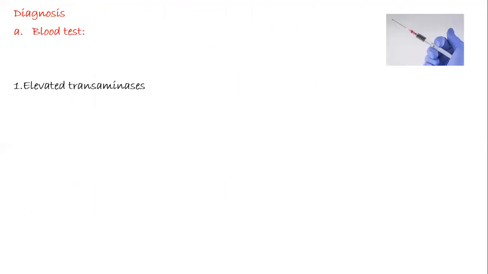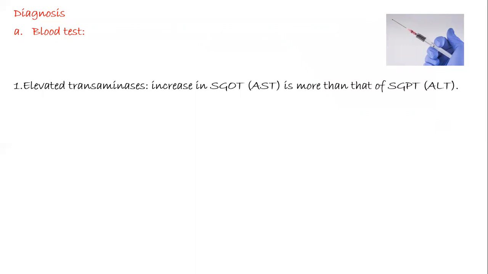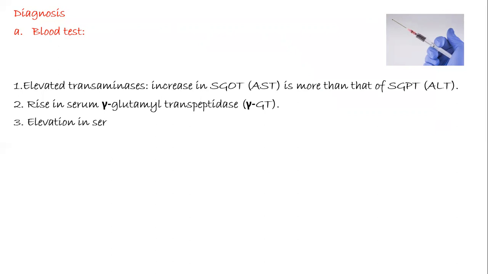First resort is the blood test. You have to check the blood for elevated transaminases. In liver cirrhosis, there is an increased level of SGOT as compared to SGPT. There is a rise in serum gamma glutamyl transpeptidase. Also, there is elevation in serum alkaline phosphatase.